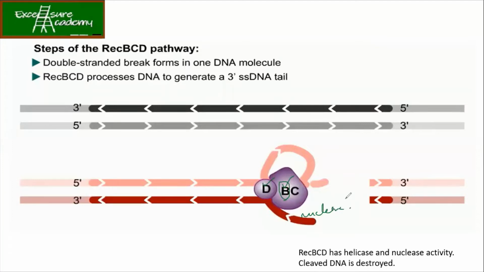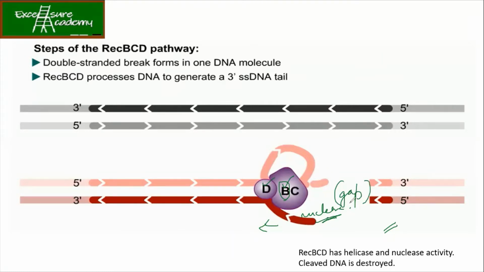So as long as the helicase activity is happening, ठीक है, जैसे जैसे helicase activity दिखा रहा है, sidewise B is also showing its nuclease activity. जो भी DNA cleave हो रहा है, that is being destroyed, that is converted into nucleotides. Okay, is this figure clear? So because of this nuclease activity, what is happening? A gap is introduced. Okay, clear?